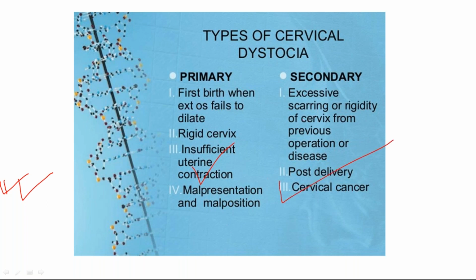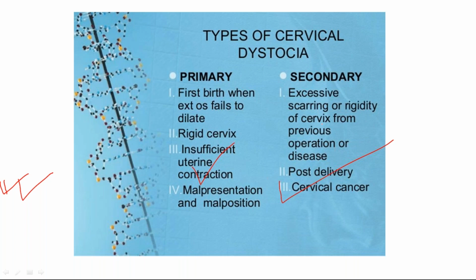Whereas secondary is when there are some surgeries done on the cervix or previous deliveries, previous cervical tears following a cicatrization or suturing of the cervix and so on. Whenever you do surgeries on the cervix, like previous Manchester repairs, previous conizations, previous loop surgeries, LEEP, loop electrosurgical excisions and so on, the cervix may become cicatrized.